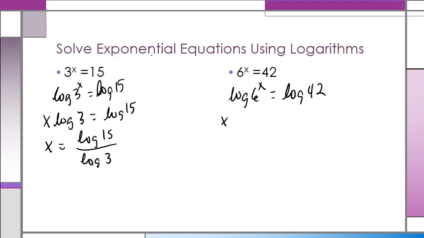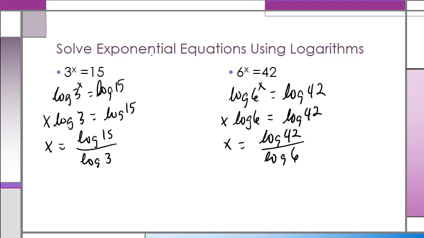Using the power property of logarithms, we bring the variable out as a coefficient, x times the log of 6 equals the log of 42. And x is going to equal the log of 42 over the log of 6. And again, jot that one down, and we're going to move over to the calculator and let the calculator do some work for us.